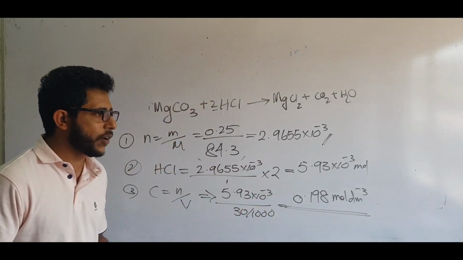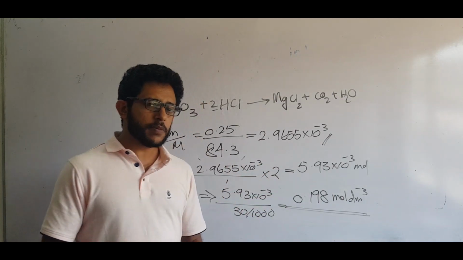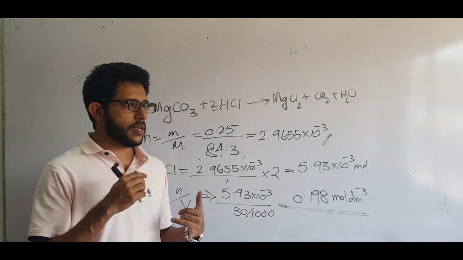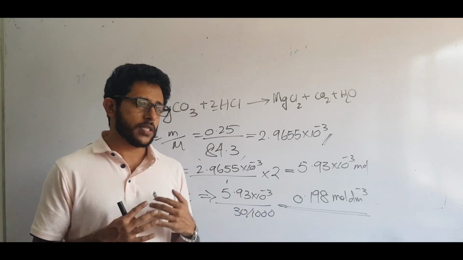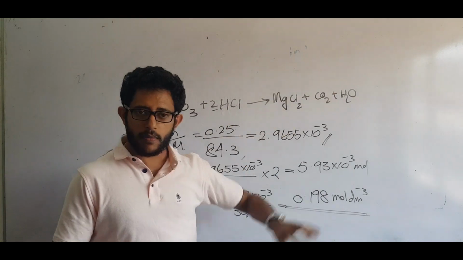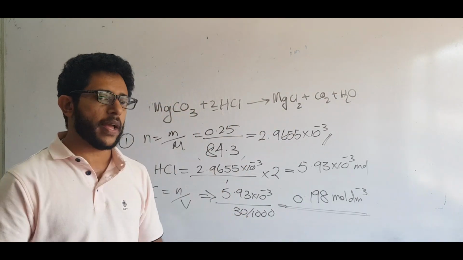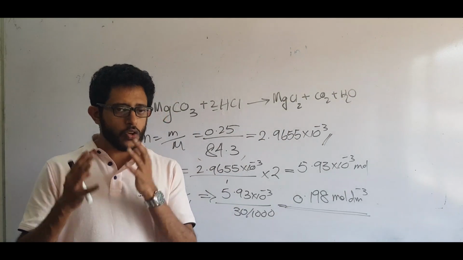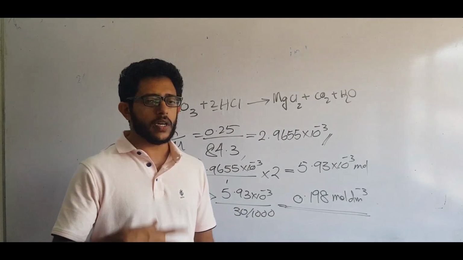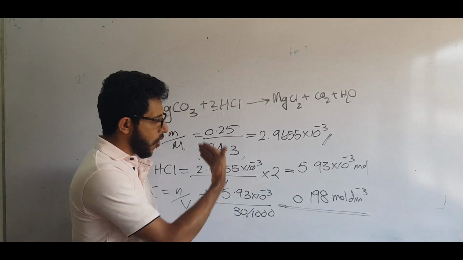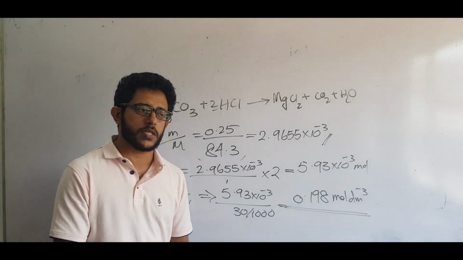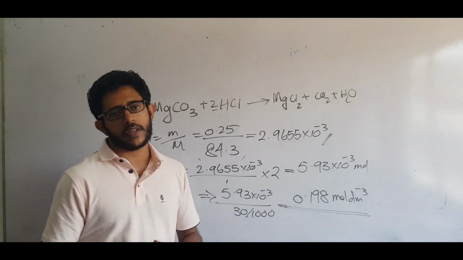So when you do chemical calculation, the 3 main steps are: first, use the data to find the amount; second, use the molar ratio to find the required amount. You can use the ratio or the formula I gave you. The third one is use that amount and convert it into the required quantity. Those are the 3 steps we have to do in all the past paper questions, and any exams, that's only 3 steps.